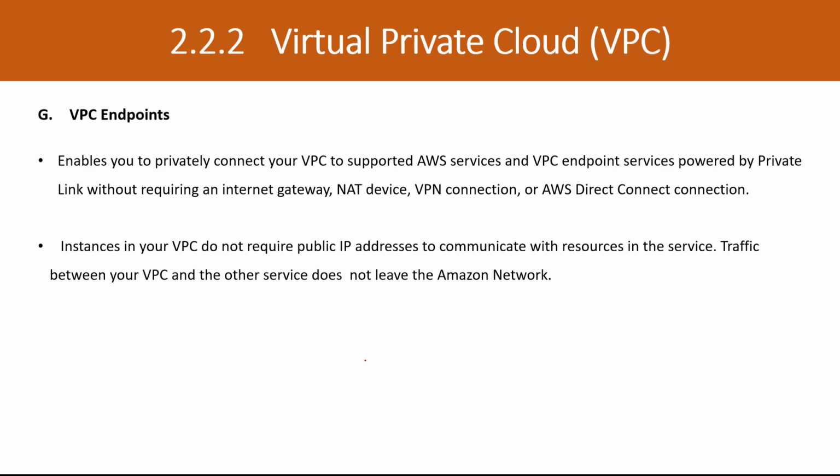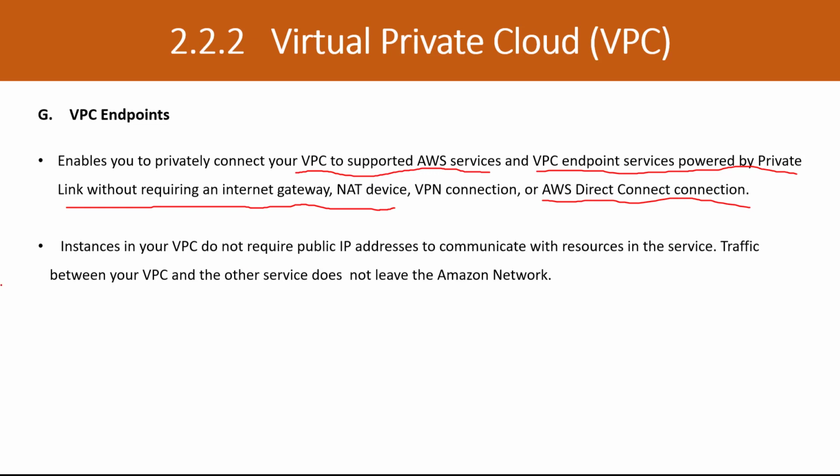The last one is the VPC endpoint. What does VPC endpoint mean? It enables you to privately connect your VPC to supported AWS services. The VPC endpoint service is provided by PrivateLink, without requiring an internet gateway, NAT device, VPN connection, or AWS Direct Connect connection. What does it mean?